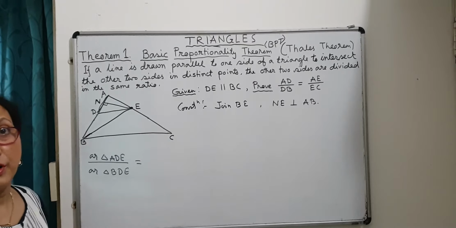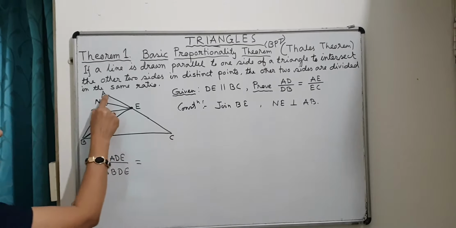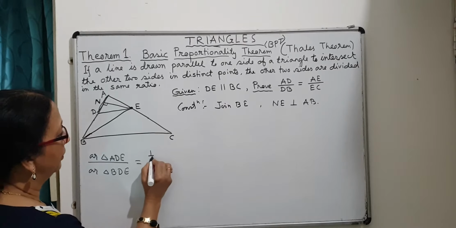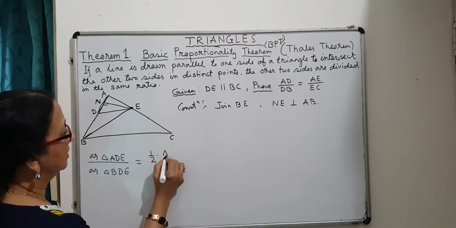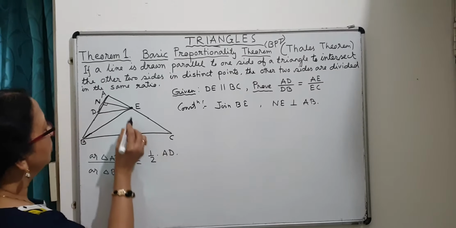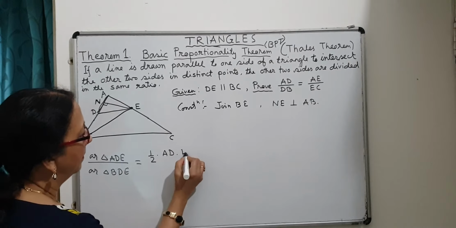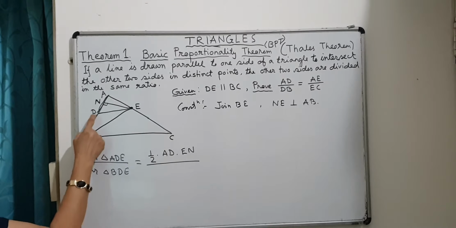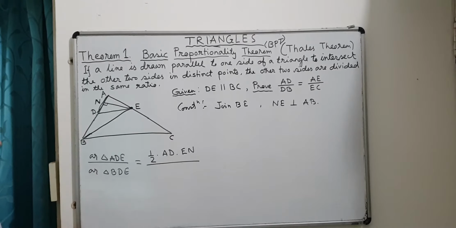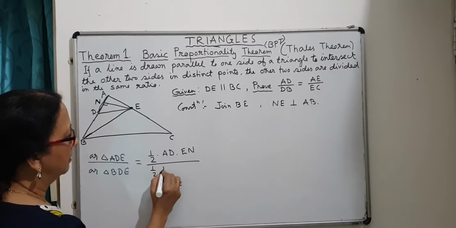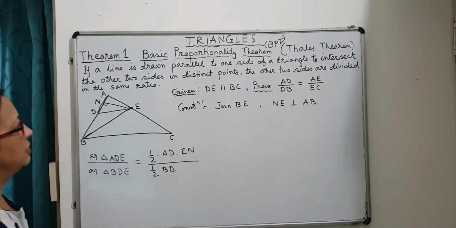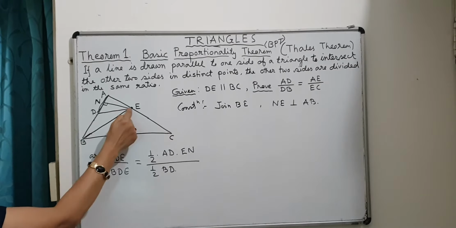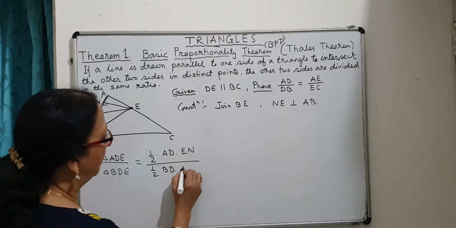Using the formula half base into altitude, I have taken AD to be the base, so half into AD, and the altitude is EN. Similarly, for the triangle BDE, I am taking BD to be the base, so half of BD, and the altitude is same. This is an obtuse angle triangle, so same altitude EN.